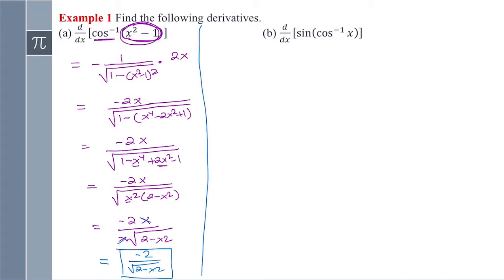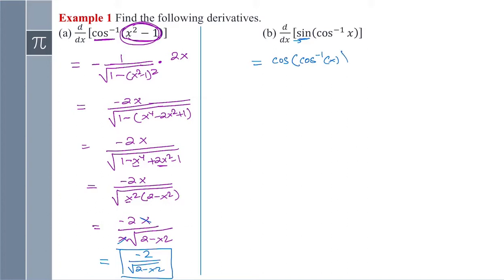Now let's look at another example: the derivative of sine of cosine inverse x. We'll do the chain rule, starting from the outside. The derivative of sine is cosine. So this equals cosine of inverse cosine of x, times the derivative of the inside function.